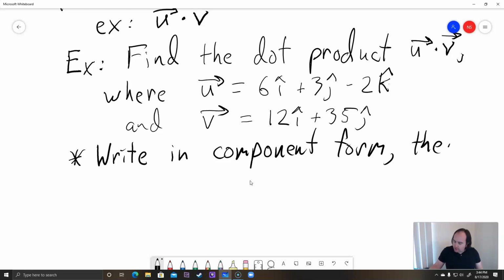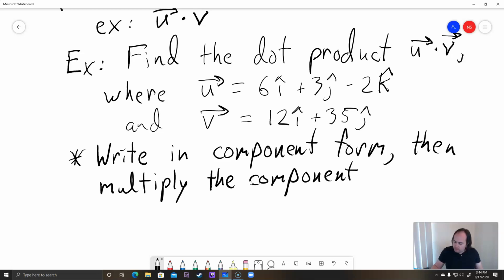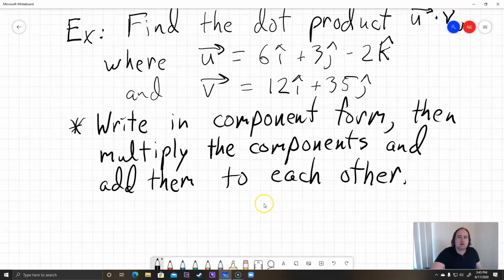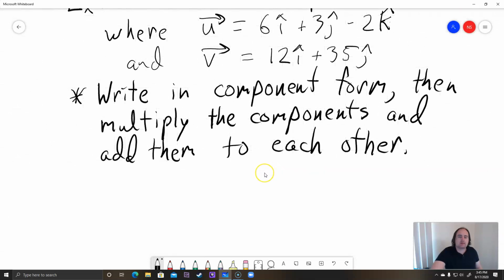Then multiply the components, and then add them to each other. That's kind of awkward to say in a sentence, but it's actually very simple once you realize how it works to actually write it out.